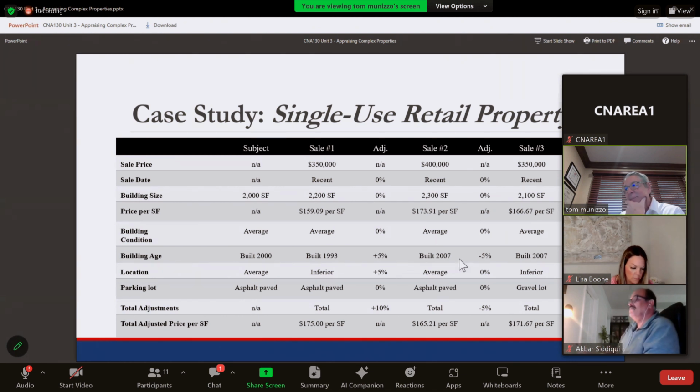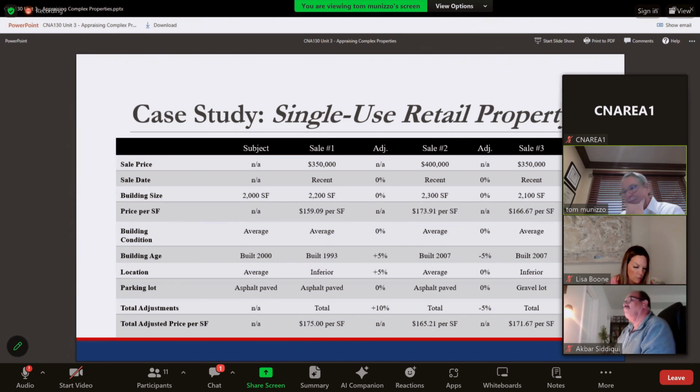Compared to sales 2 and 3, which were built in 2007 and are superior in age, they're adjusted at minus 5% for building age. Location for sales 1 and 3, which are inferior, is given a plus 5%. For the parking lot, sales 1 and 2 are the same, but the gravel lot is a plus 3%.